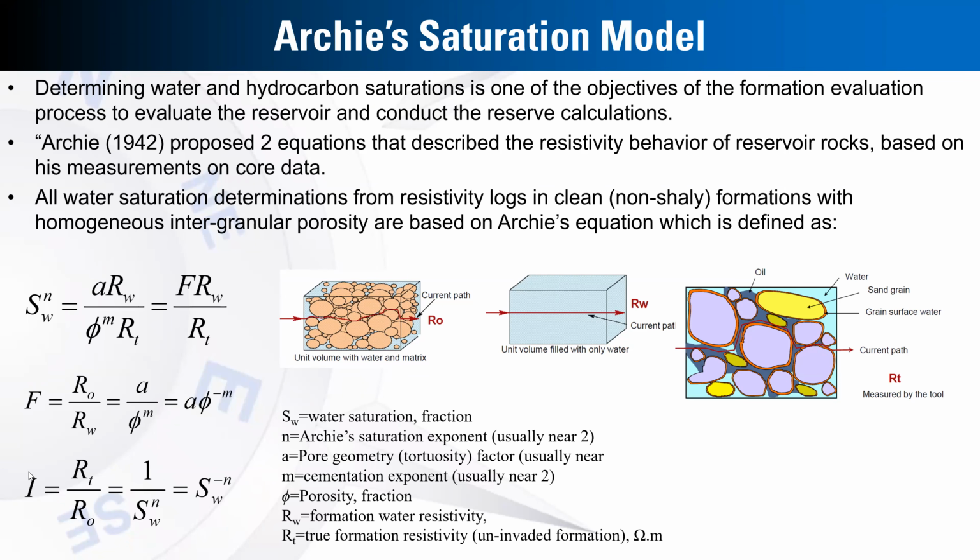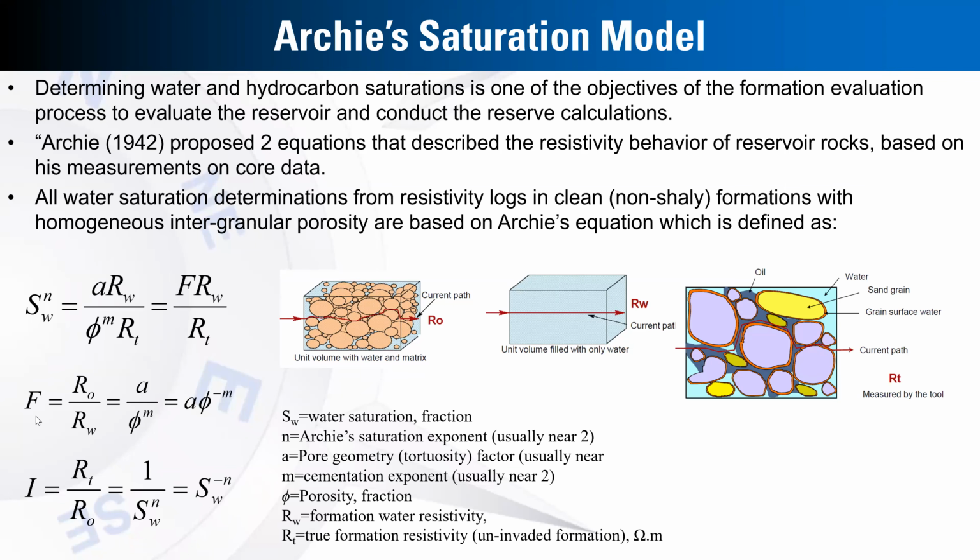And the second equation is I, or resistivity index, defined by the ratio between RT, the true formation resistivity, and R0, the resistivity of formation for the reservoir at 100% water saturation.